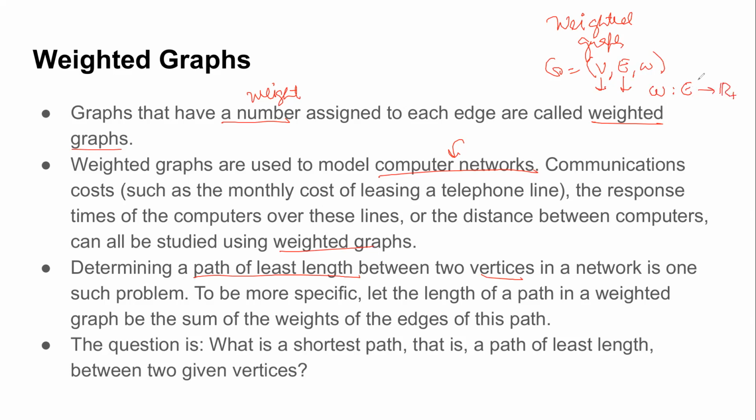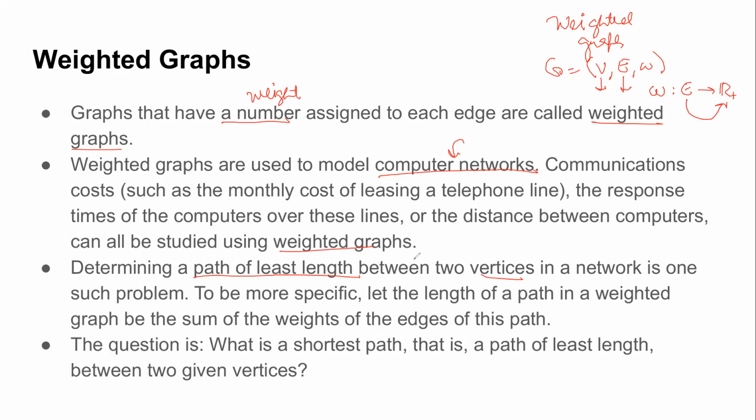That means every edge has an associated value with it. This is how we typically represent a weighted graph. In addition to V and E, we have a weight function W, which assigns every edge a real number.